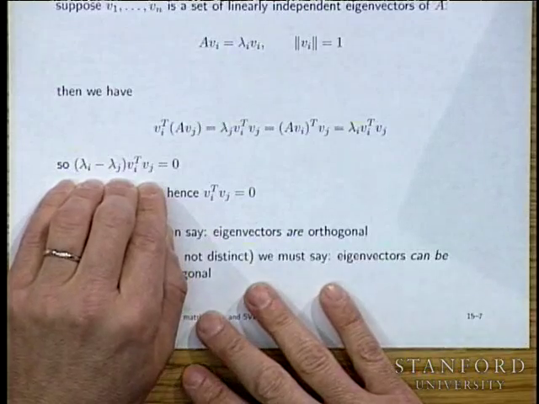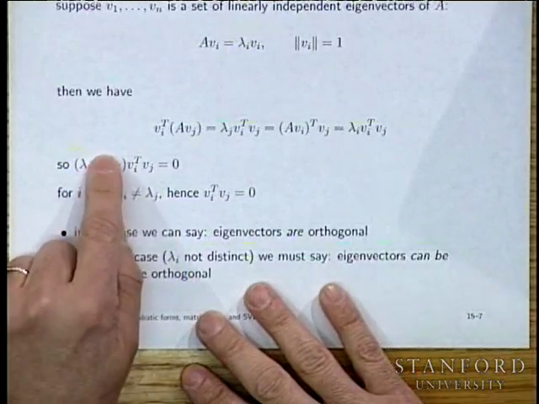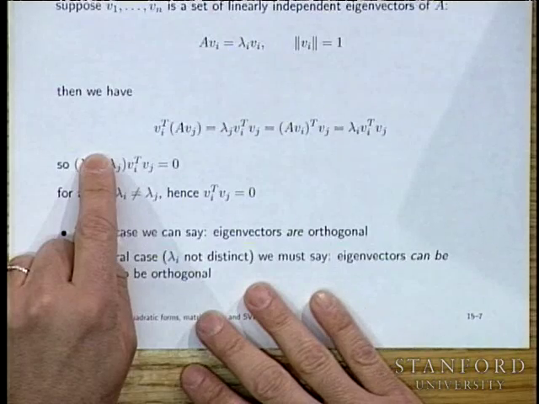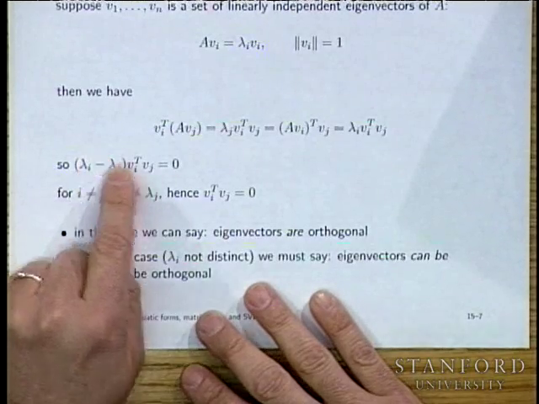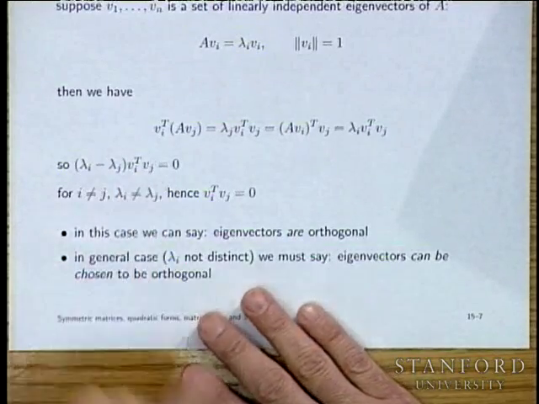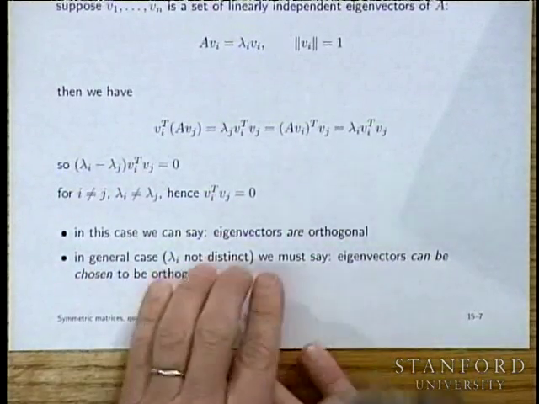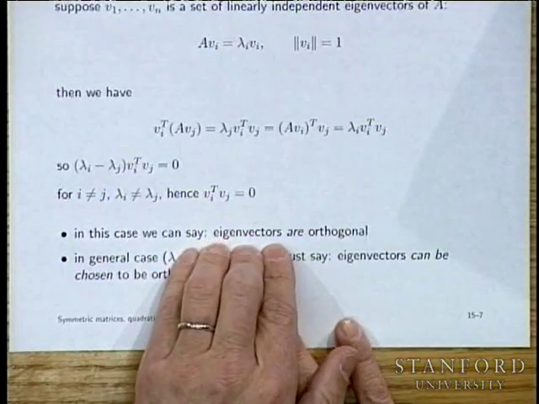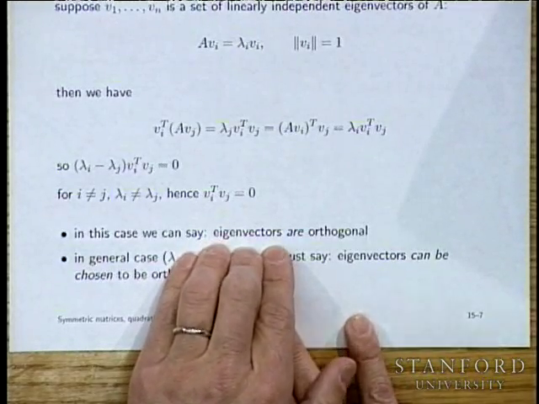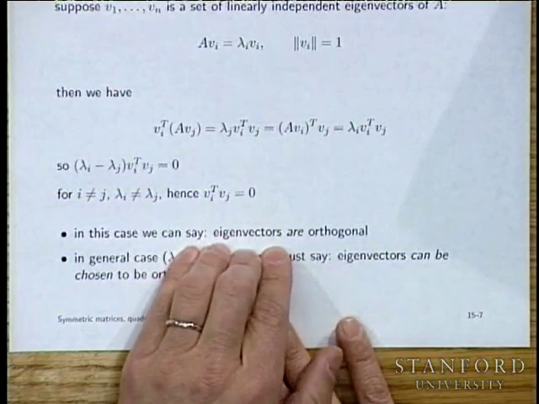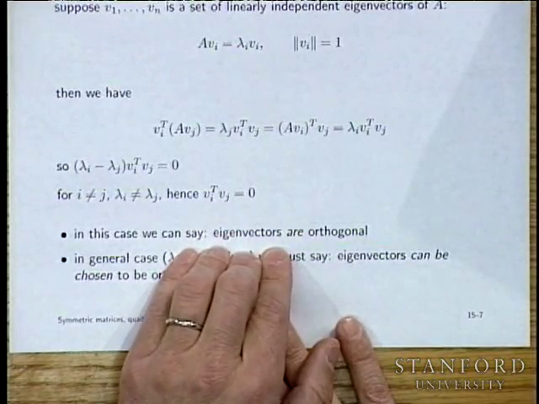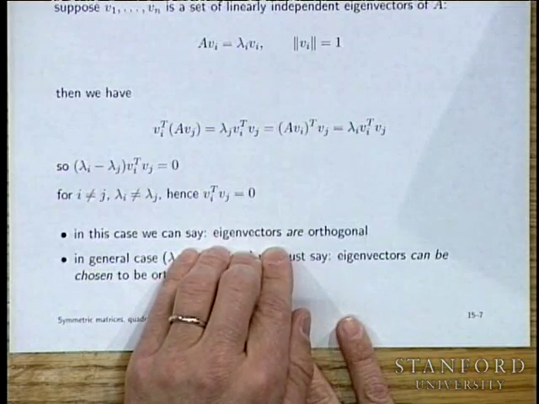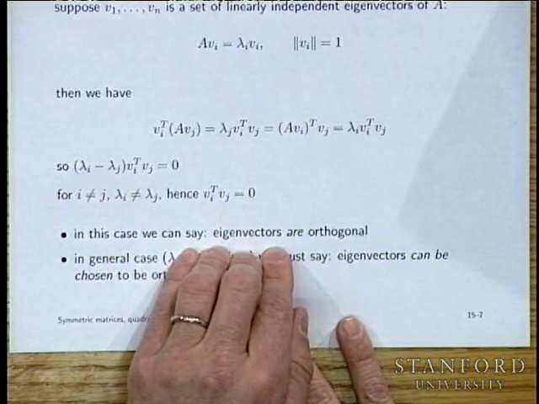If i is not equal to j, this is a number which is non-zero. That's our assumption that the eigenvalues are distinct. Therefore, the inner product has to be 0, and we're done. So in this case, with a small bit of slang, you can say the eigenvectors of a symmetric matrix with distinct eigenvalues are orthogonal.